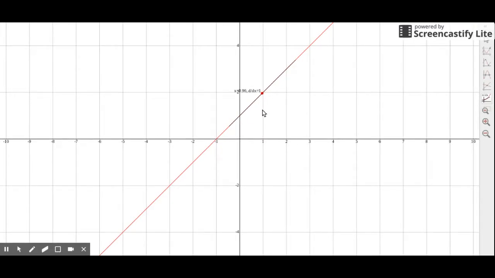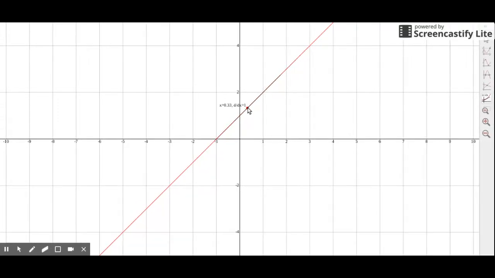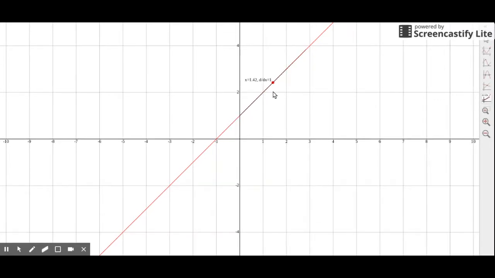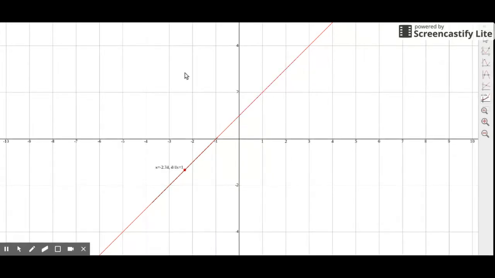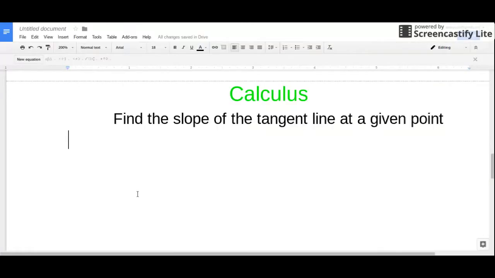I don't know if you can see this or not, but notice that the line is red, but there's this black part of the line. That is the tangent line, and it's hard to see because this is just a line. Okay, let's get over here and find the slope of that line.